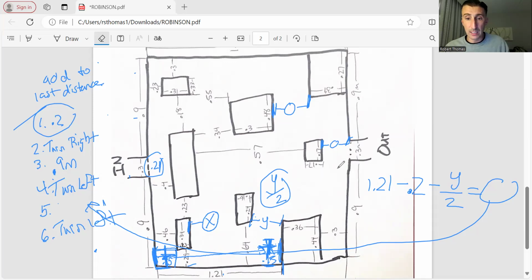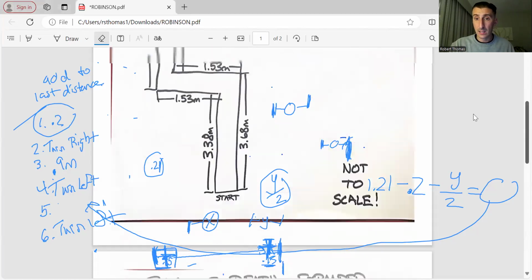Now, same thing when you get here, this dotted line right here.